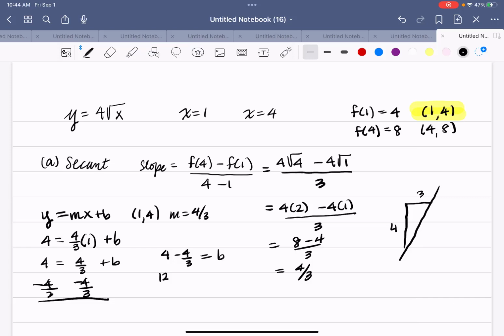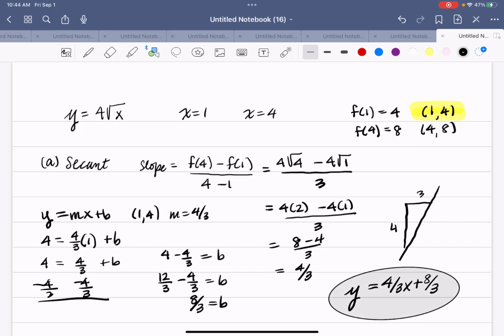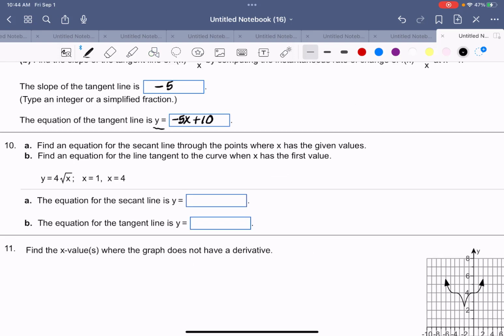Common denominator, 12 over 3 is 4, minus 4 over 3, so my b is 8 over 3. So the equation of my secant line is y equals 4/3 x plus 8/3.